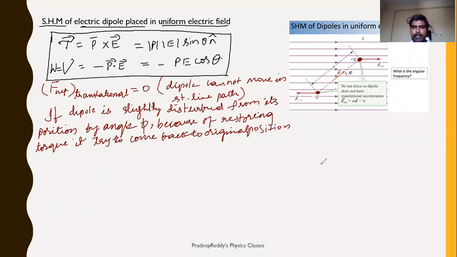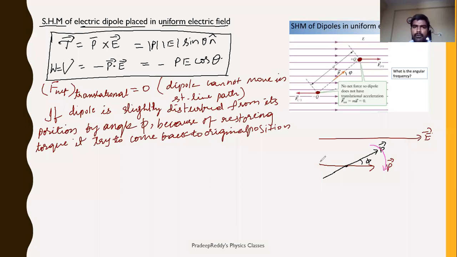For example, if initially the dipole vector is in this direction and the electric field is also in the same direction, and you disturb this dipole by an angle pi, changing its orientation to this particular angle, now p bar becomes this way. Because of the rotational torque, this dipole will again try to come back to its original position.